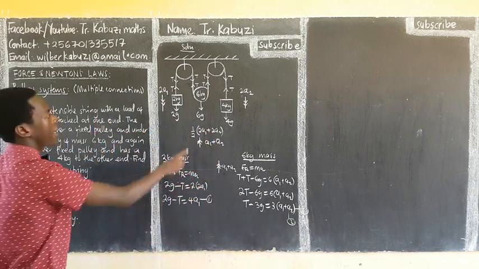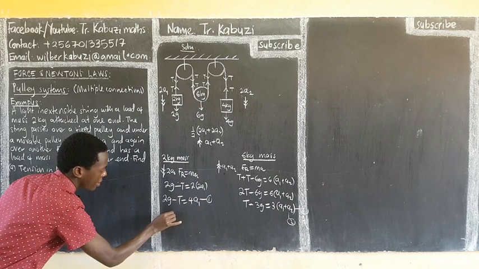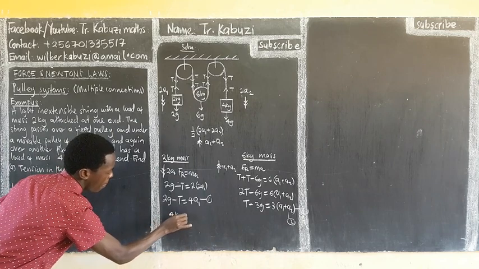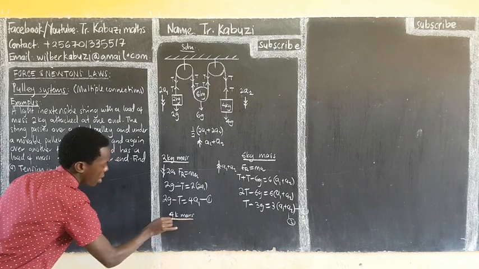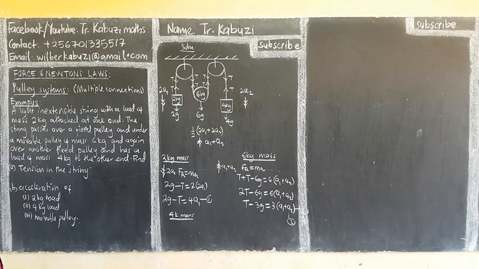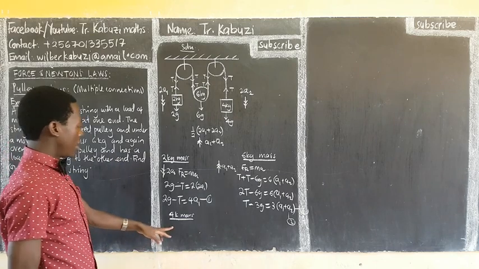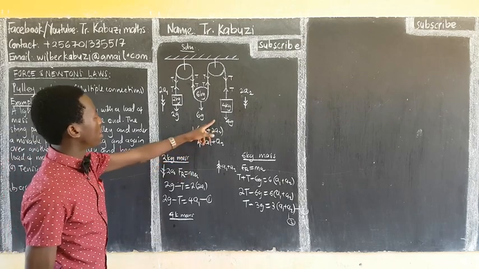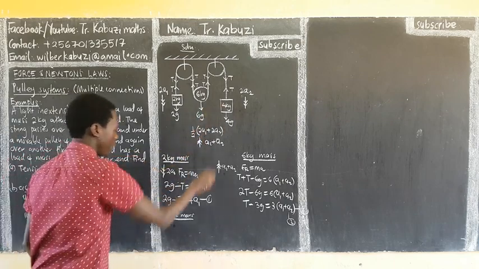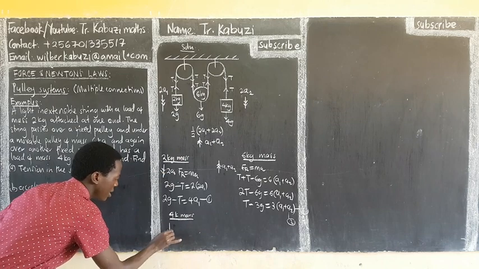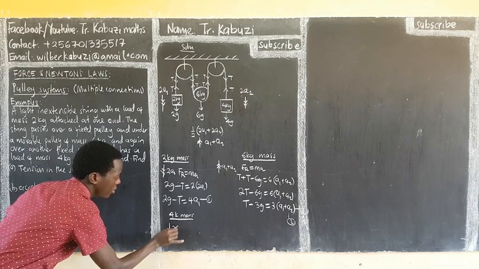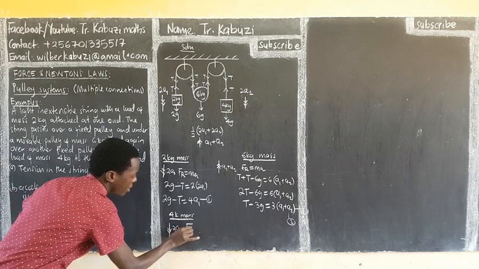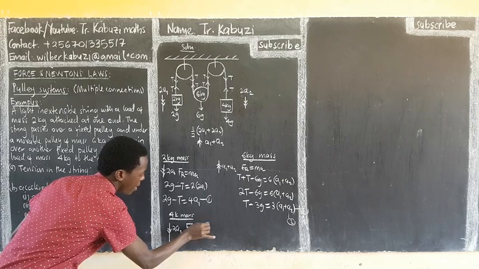Then I come to the 4 kilogram mass. For it, the acceleration is in this direction, but it's 2a2. So our resultant force equals ma.